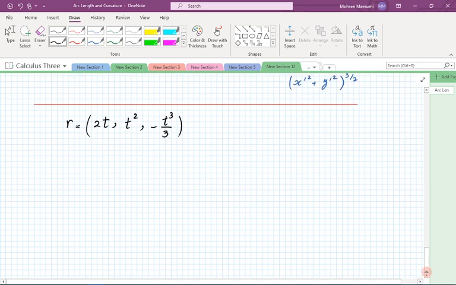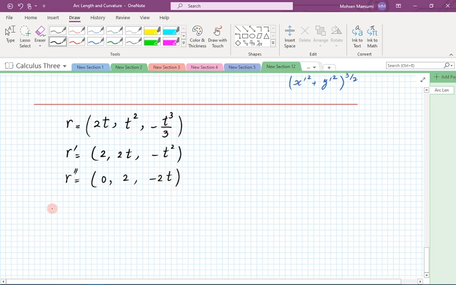So R prime is 2, 2t, and then minus t squared. All I did was differentiate each of these three items. R double prime, well, this becomes 0, 2, and minus 2t.